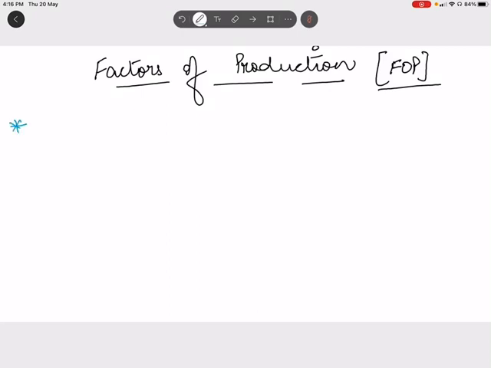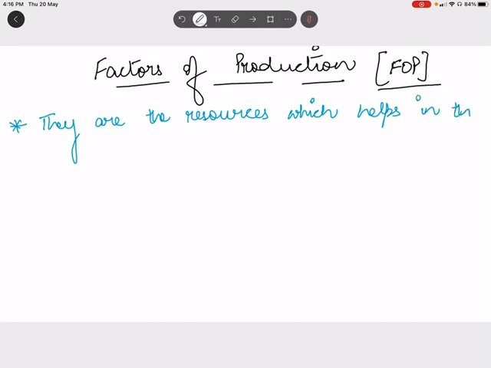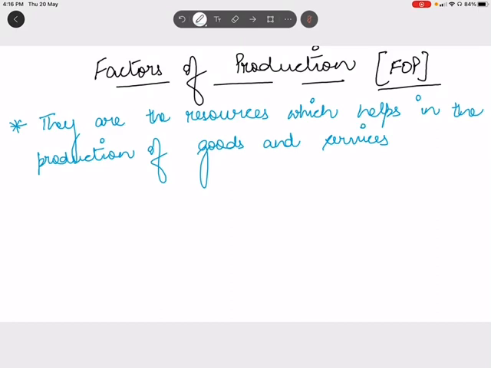Basically, they are the resources which help in the production of goods and services. The most important terms which arise in this definition are resources and production.